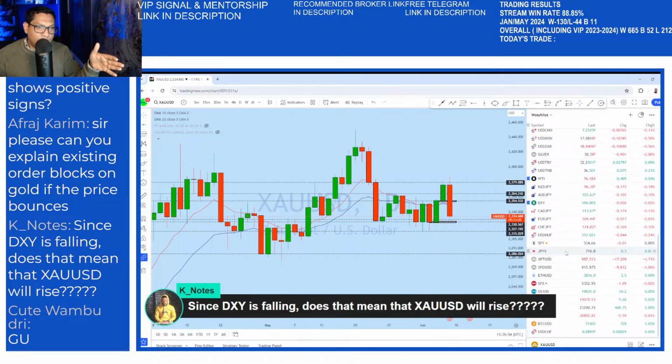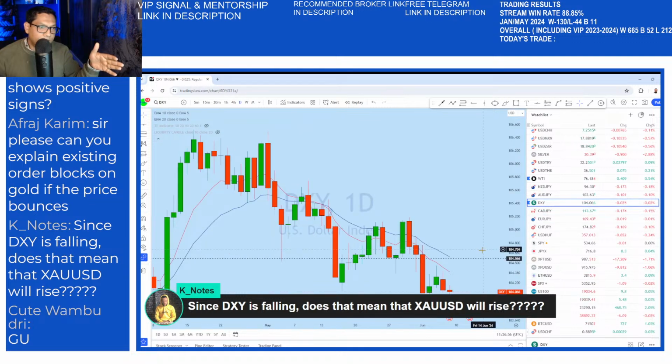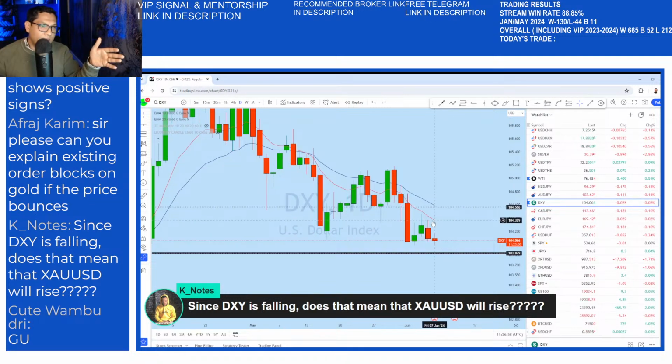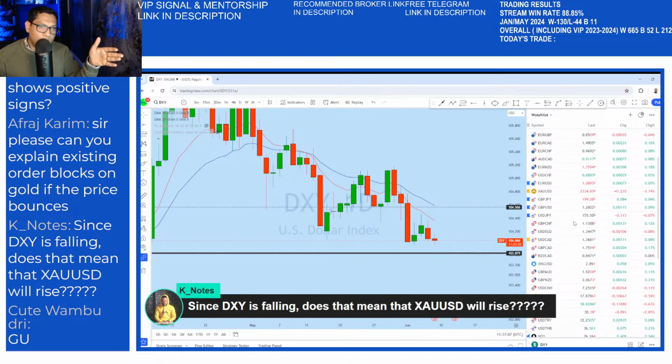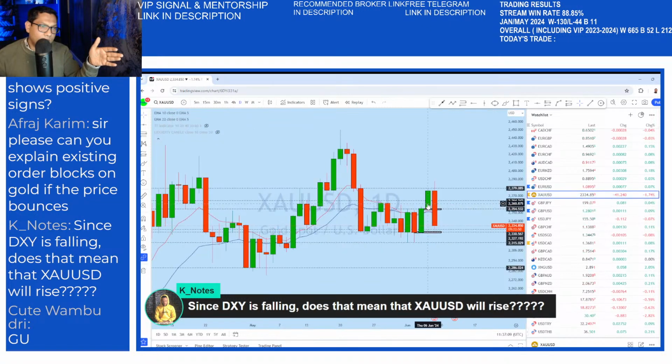And going back again, the day before we saw that DXY is bullish, right? A narrow green candle. But if you go to the gold, the day before also a bigger green candle. Today, a huge red candle.